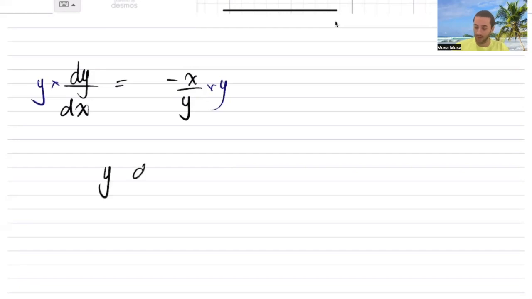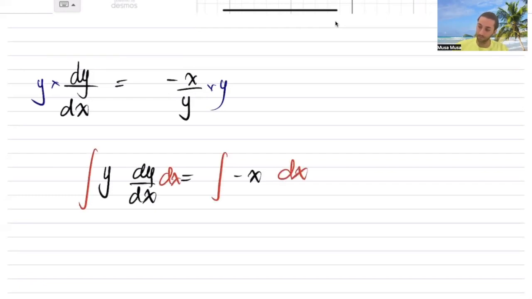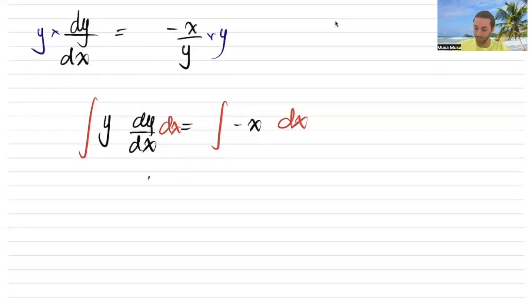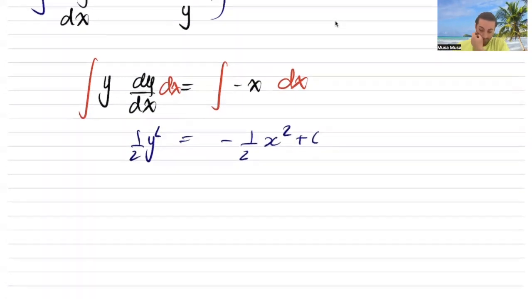So we get y dy on dx was minus x. And then just solving this, we get, see, so it seems like we have a circle, don't we?